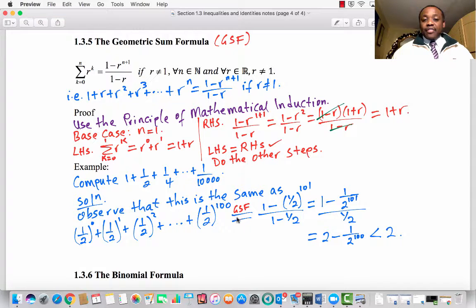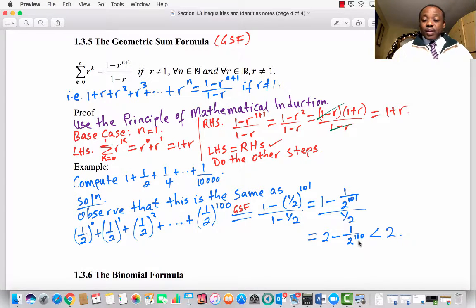And therefore, by the geometric sum formula, that equals 1 minus 1/2 raised to the 101 divided by 1 minus 1/2. And that is 1 minus 1 divided by 2 raised to the 101, divided by 1/2. And that flips over. That is 2 minus 1 over 2 raised to the 100.